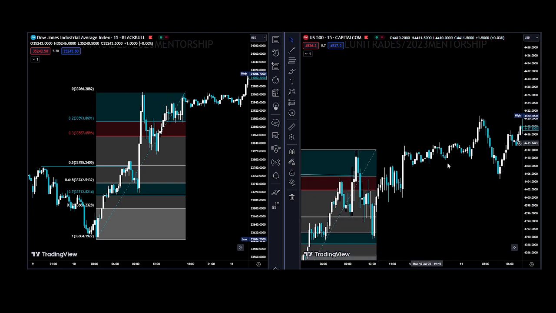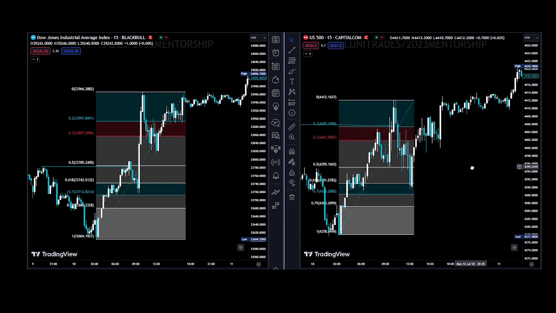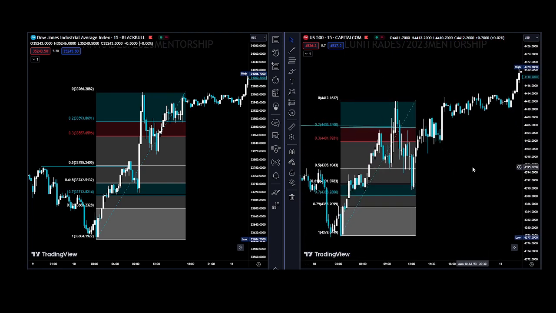Now, the indices are also positively correlated with Euro USD. So after doing your relative strength analysis on either the Dow Jones or the US 500, knowing the one you want to take the buy on, you also want to do analysis on the Euro USD.